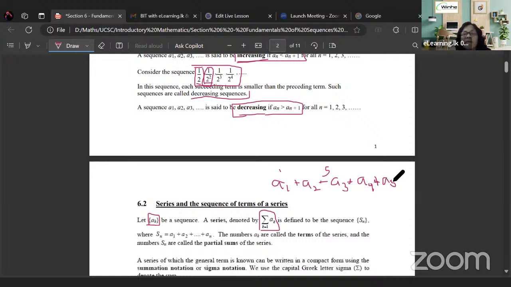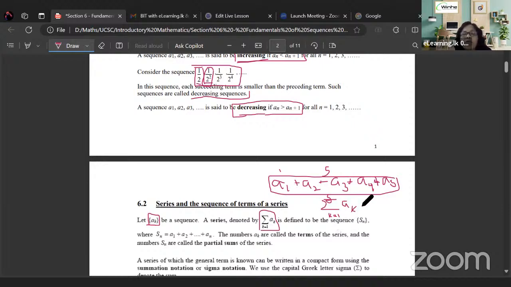Right? The sum of these 5 terms we can write as sigma k equal 1 to 5 ak. සිග්මා වලින් අපි represent කරන්නේ sum එකක් කියන එක.